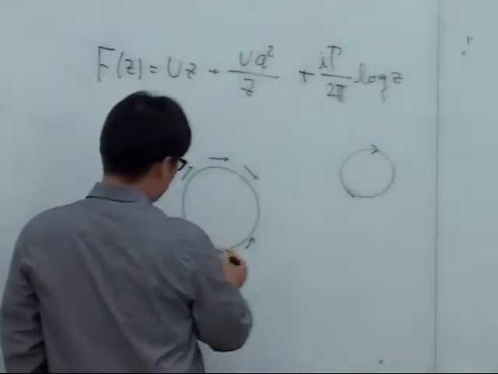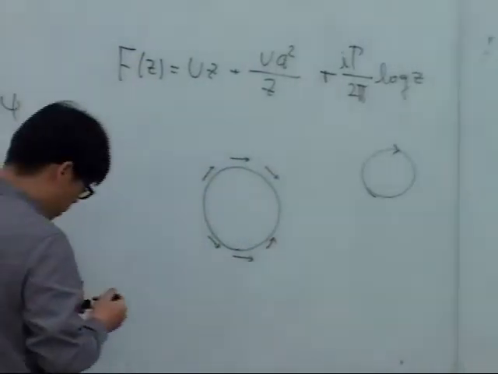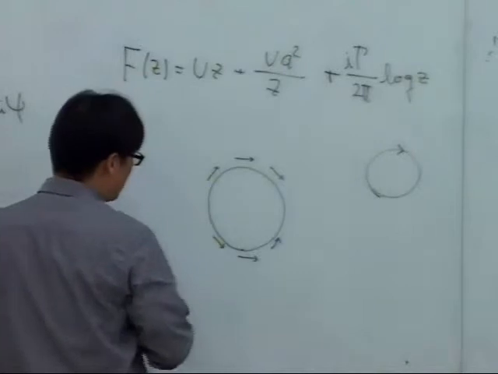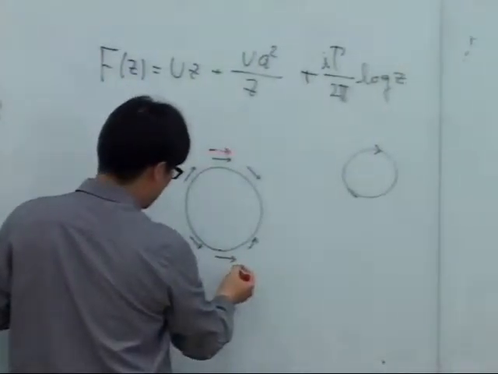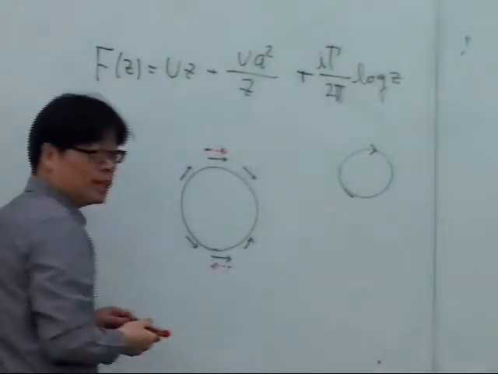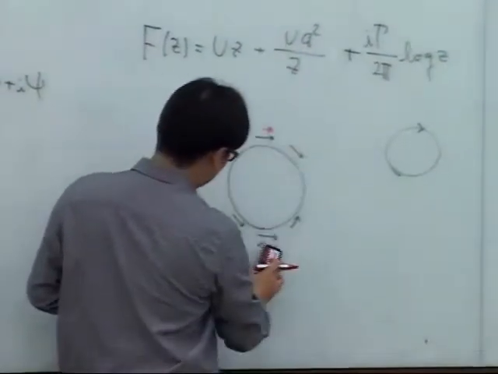Then this is the flow by the dipole and uniform stream. Then I add flow like this, right? Of course, the magnitude doesn't have to be the same.